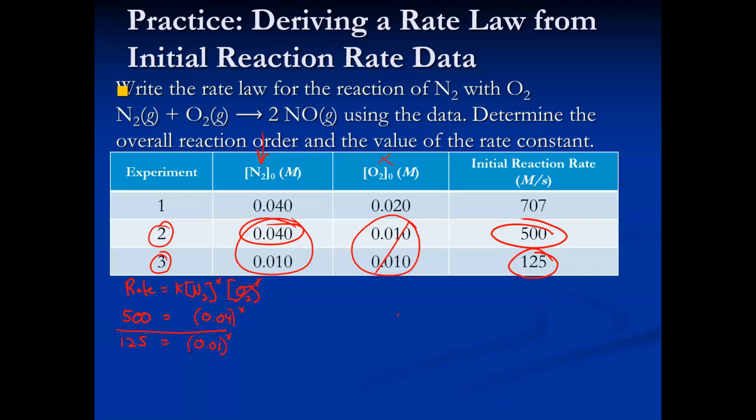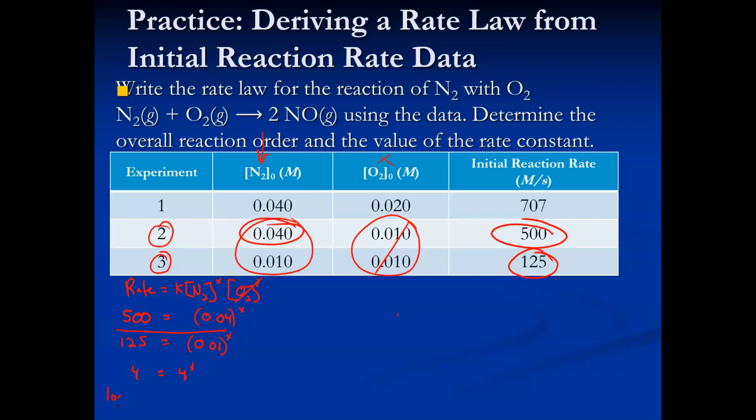And then we just put this in our calculator. My calculator is, of course, packed away, so let me see if I can try this on my phone. So 500 divided by 125 is 4, equals 0.04 divided by 0.01, which is 4, to the X. And again, how you do this is you take the log of both sides.